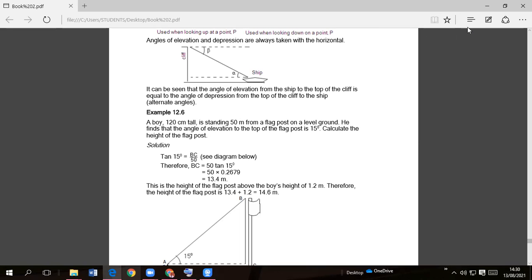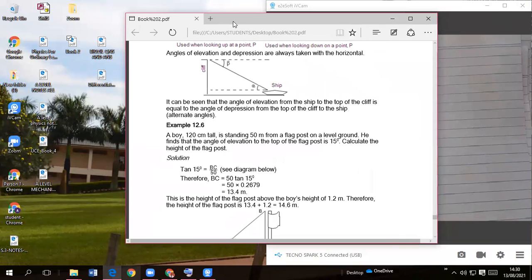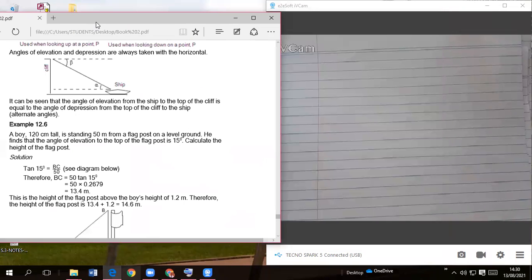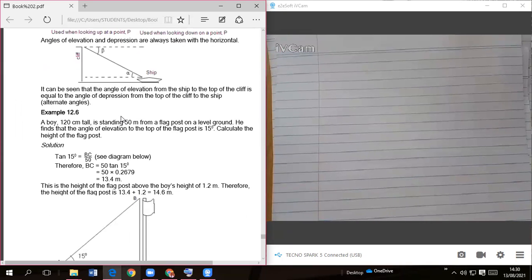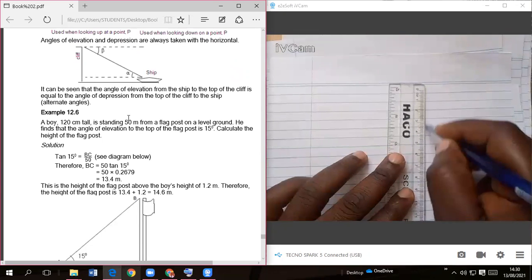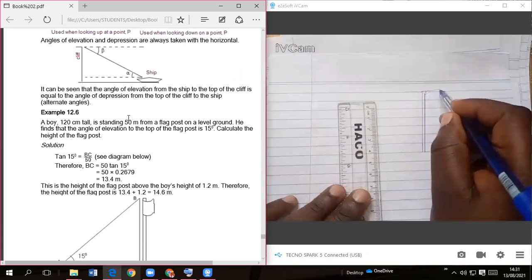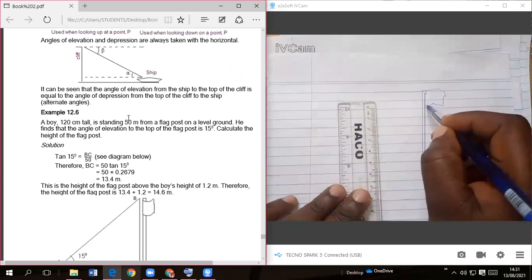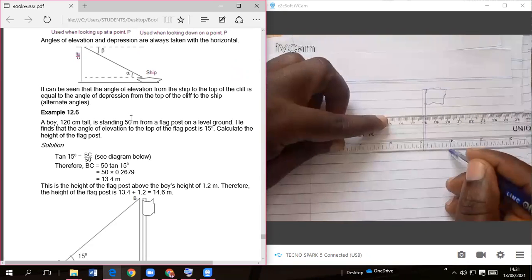To show you clearly what you are supposed to do, let us see if this is the flag post, the way it is drawn there. This is the flag post and that is the flag, and this is the ground.